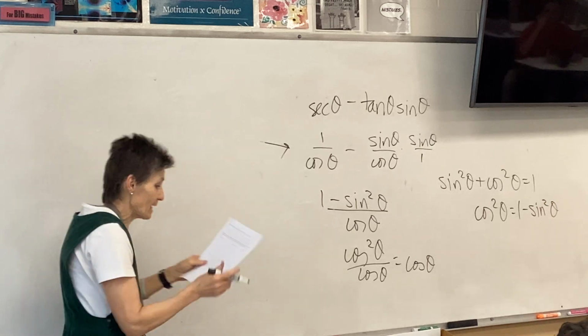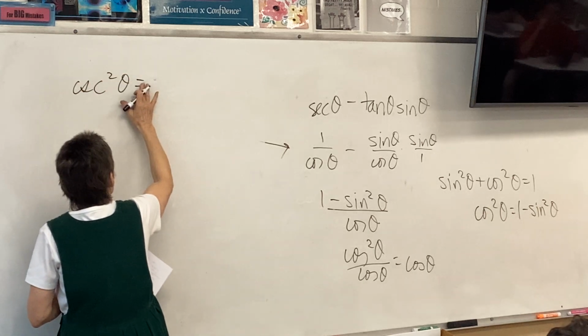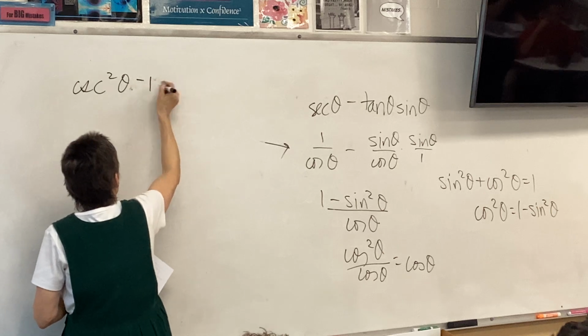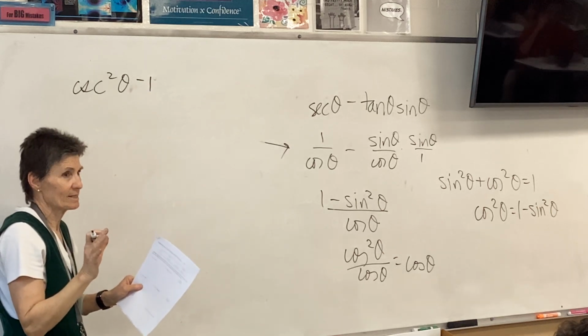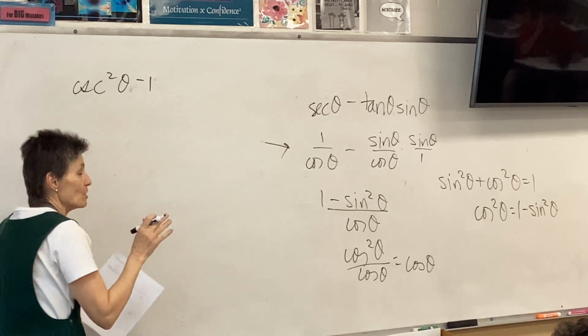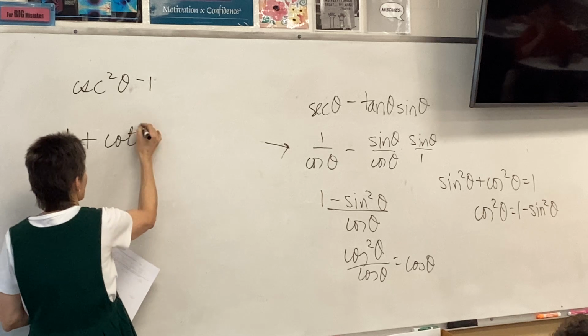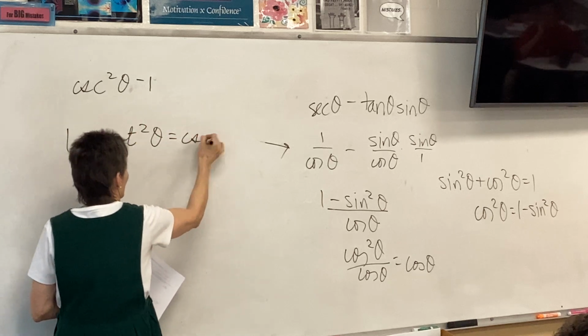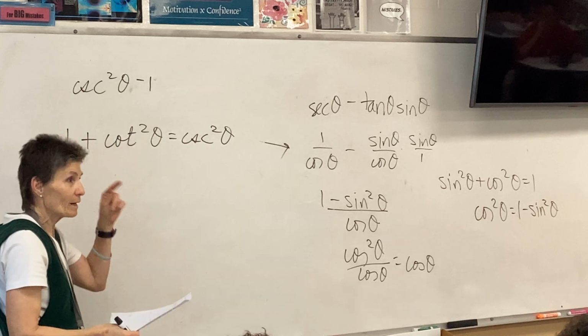So when I look at cosecant squared minus 1, I'm immediately thinking that's something. What is that? I don't know. But I know my identity is 1 plus cotangent squared equals cosecant squared.